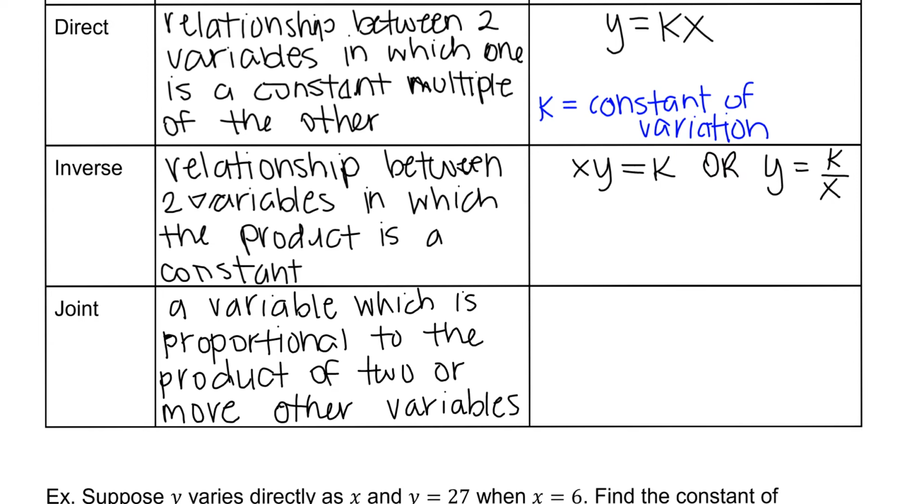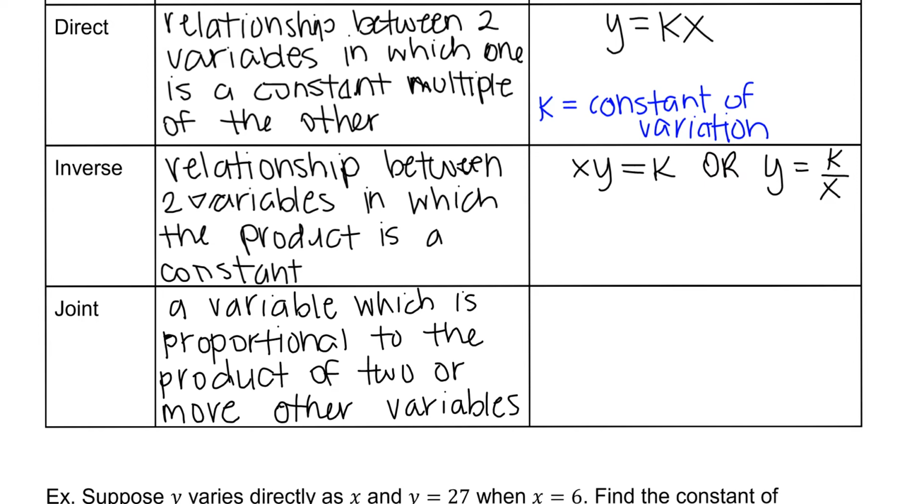So a joint variation is going to have multiple relationships. They could both be direct relationships. The product of our two or more variables could be direct. They could both be inverse relationships. They could be a combination of direct and inverse variation. It's just a product of two or more variables.